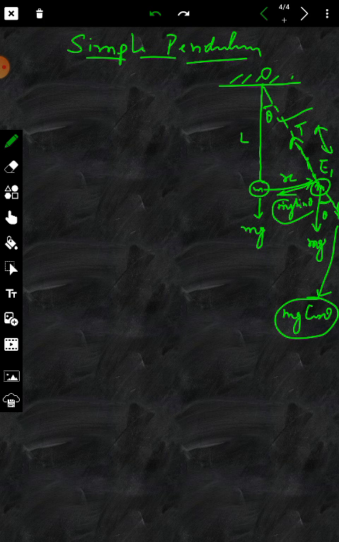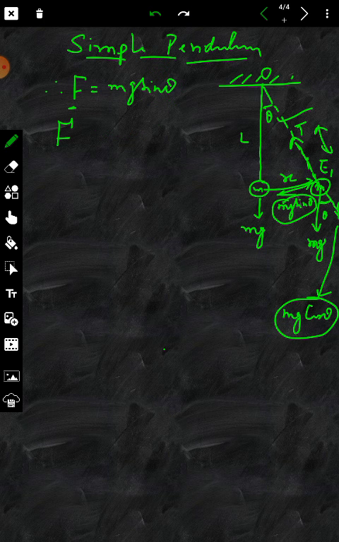Then mg sin theta is the only force left, due to which the bob of the pendulum comes back to its mean position. So we say that this restoring force is equal to mg sin theta, and it is opposite to the displacement theta. We keep this angle theta so small that sin theta is nearly equal to theta.